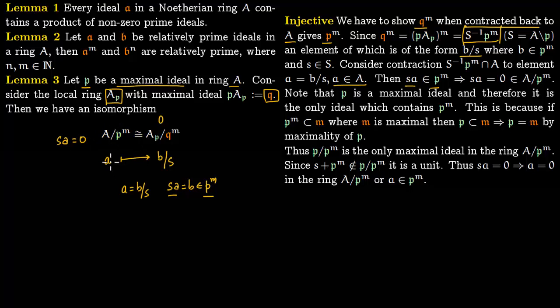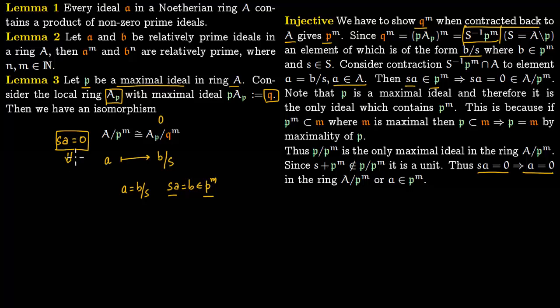What we want to show is that this a itself lies in P^m, so this a itself is 0. From sa equals 0, we want to have a equals 0, and that will be the end of the story, because this a is essentially the contraction here. So if you extend a back here, you will have a equals b over s, and that's why you have sa equals b in P^m. So that's how sa becomes 0.